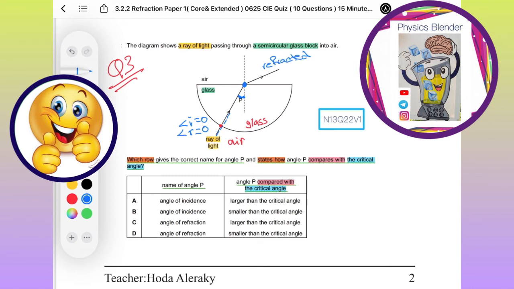So in this case the correct choice will be B. So it is the angle of incidence, and if you compare angle P to the critical angle, it's smaller than the critical angle. How do you know? Because the ray is refracted in air away from the normal. So it's not equal to the critical angle, and it's not more than the critical angle.